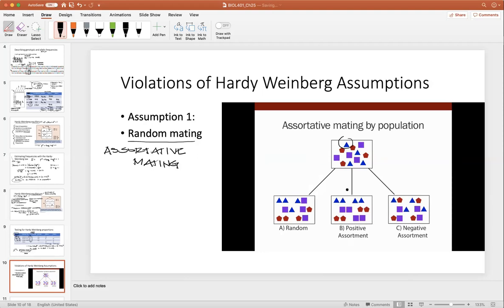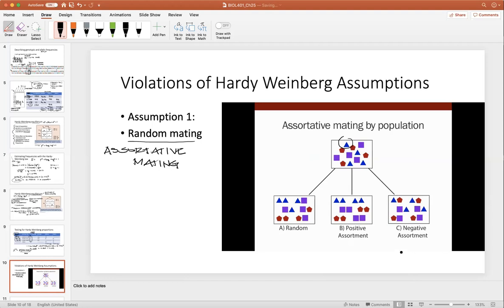And so in positive assortative mating, individuals tend to select individuals that are like them for some trait. So for example, that would be like if tall people consistently mated with tall people. Or if you're talking about, say, cats, maybe black cats consistently mate with black cats, okay? There's some trait that the organisms are selecting for and they're mating with individuals like themselves.